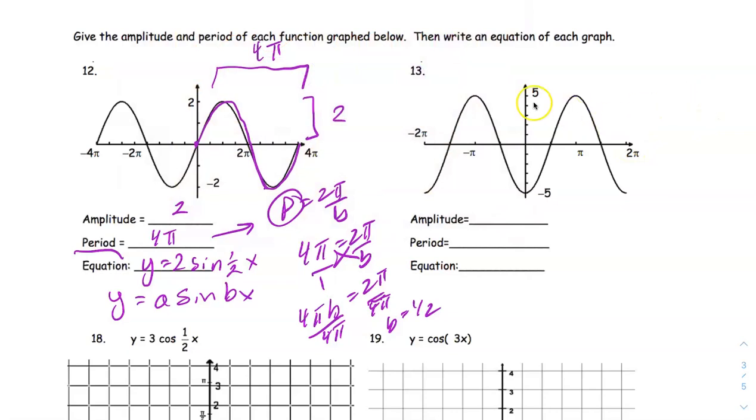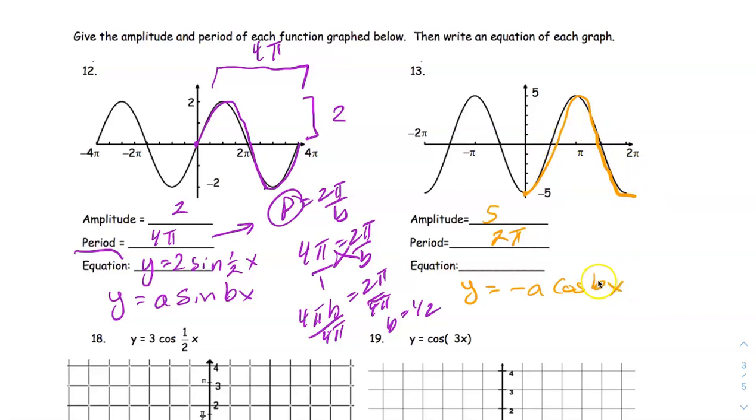The one over here. What's the amplitude? Well, it looks like 5 and 5, so 5. Period, how long does it take to repeat itself? Start down here, go up, go down. 2 pi. That makes my b really easy. My equation, this is a cosine graph, starts over at the amplitude. Now if you notice, it's upside down, so it's actually a negative cosine graph. So it's flipped.